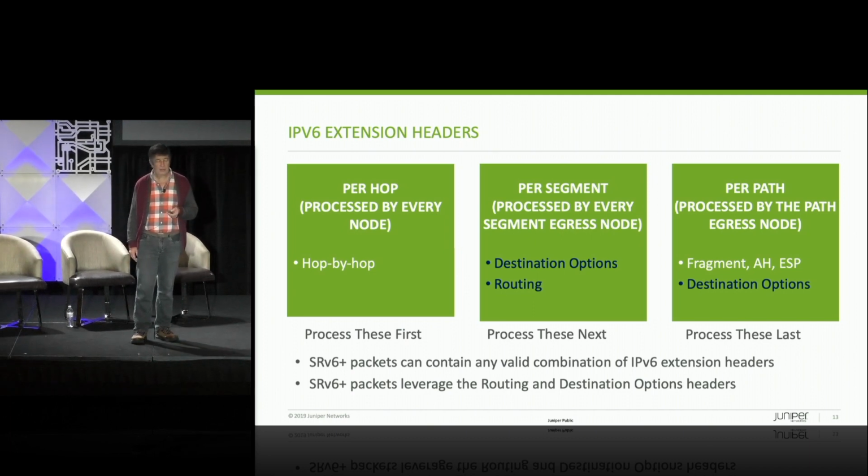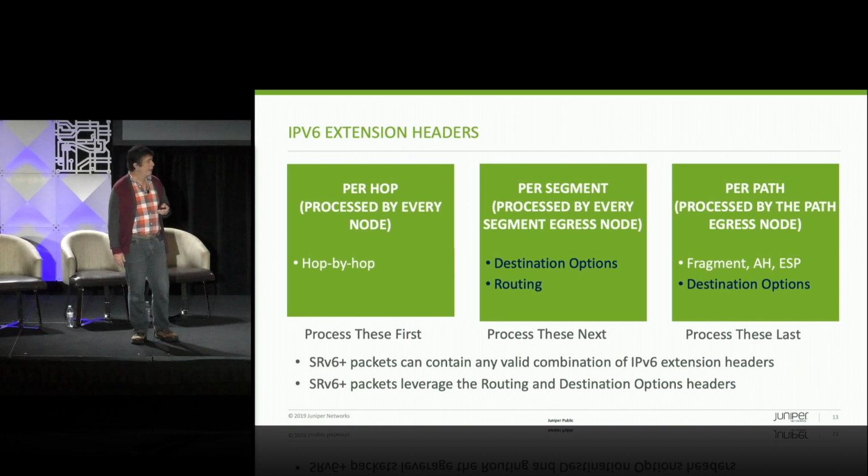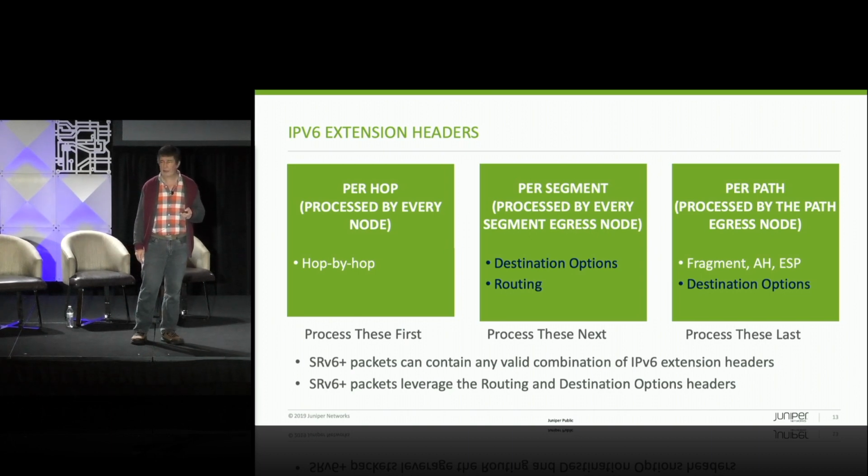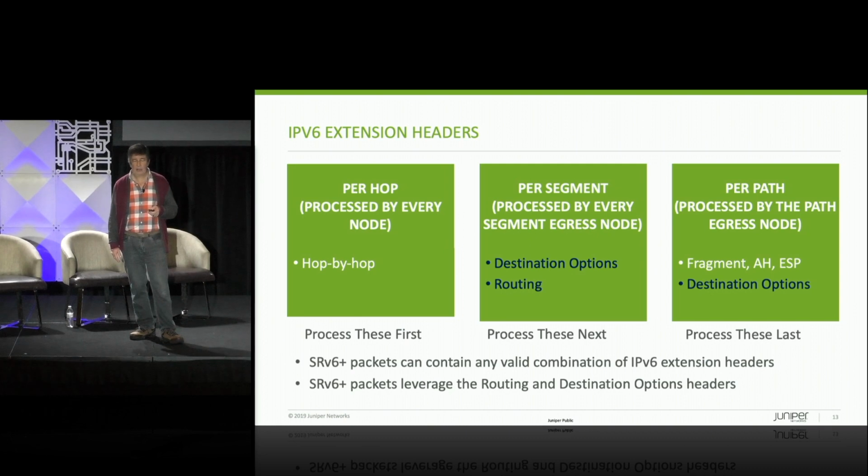Per segments are processed by every segment endpoint along a path. They only occur if there's a routing header in the packet. The per segment extension headers are the routing header and a destination options header that may precede it. And then the per path extension headers are processed only by the path egress node.